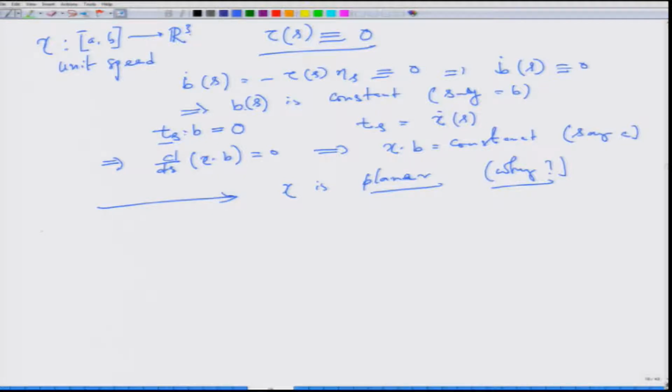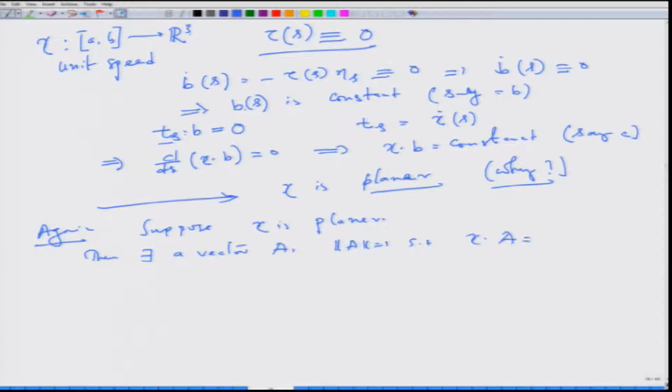Now, also again, suppose gamma is planar. Okay. Then there exists a unit vector A such that gamma dot A is constant. You just take the vector which is perpendicular to the plane of gamma.